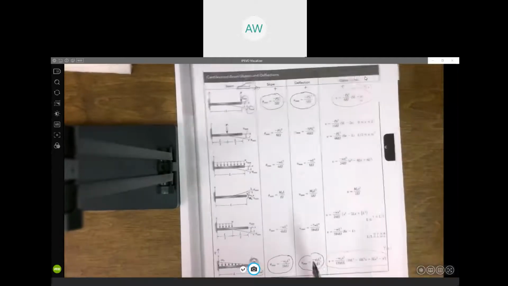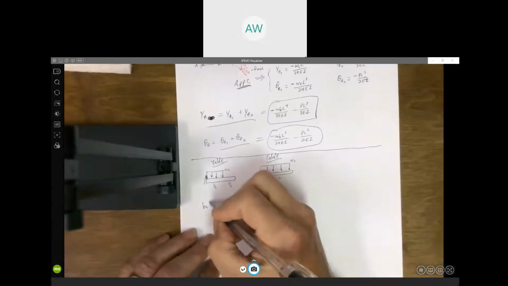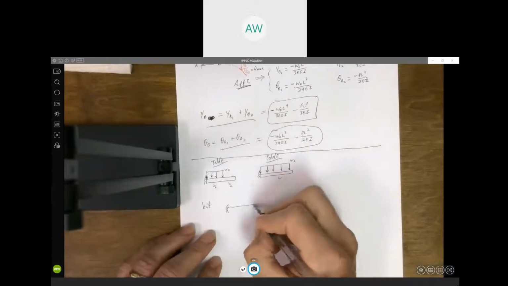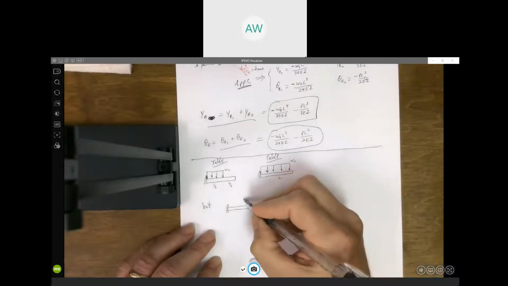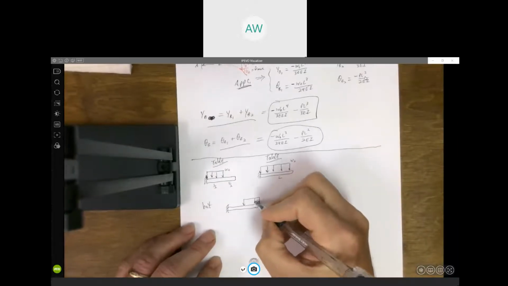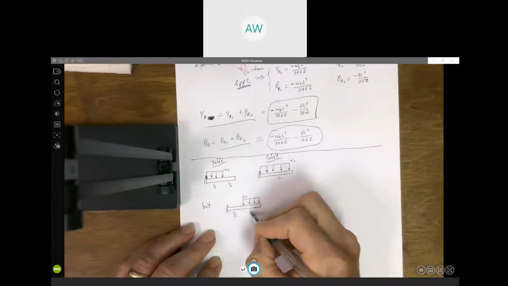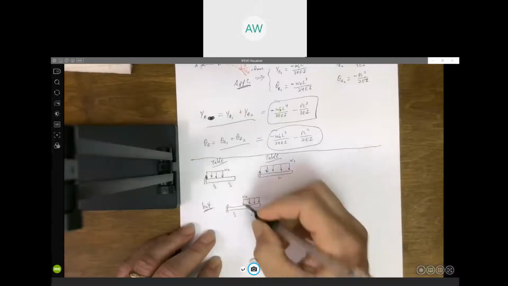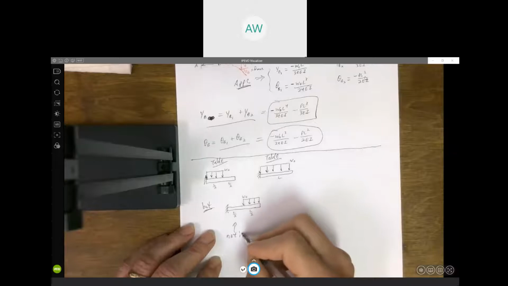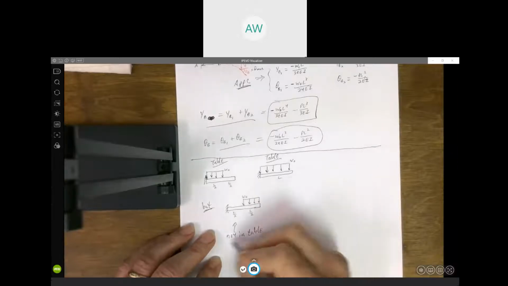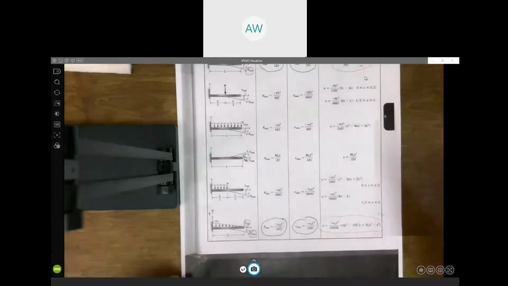But what you see not in that table is one where you've got a cantilever beam where you've got the distributed load. This is not in the table. Go back and look at this table. You don't see that one.